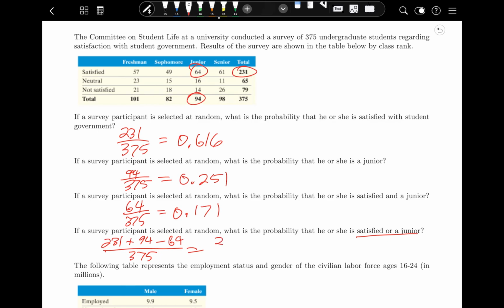So that's 261 divided by 375, which is 0.696. Okay, so that's the idea there.